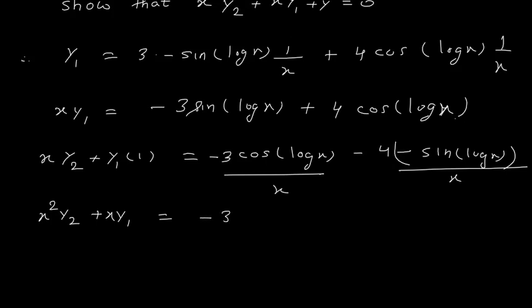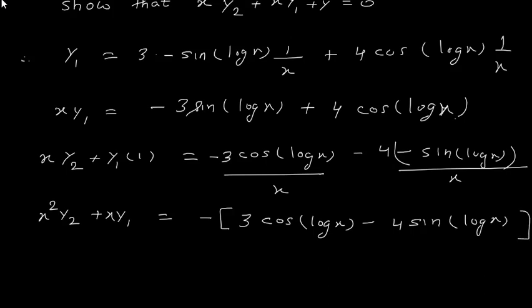on this side we have minus 3. Now if I take this minus sign common, it will be minus, and in the bracket I use 3 times cos of log x, and this is minus 4 times sin of log x.